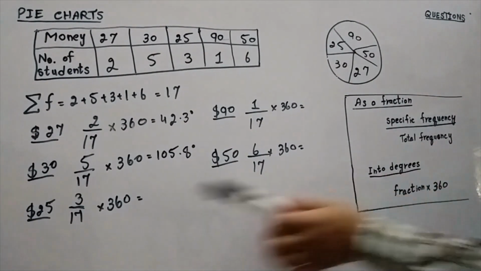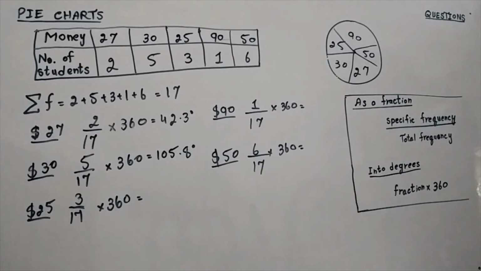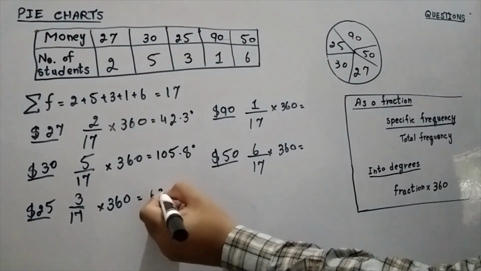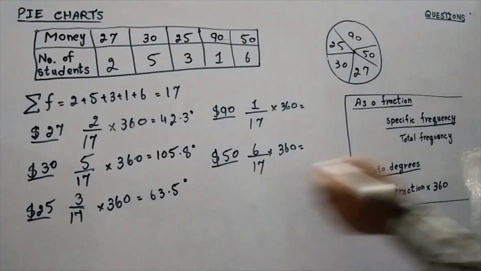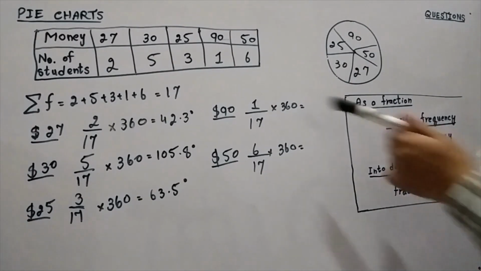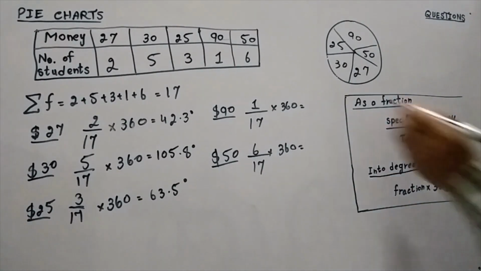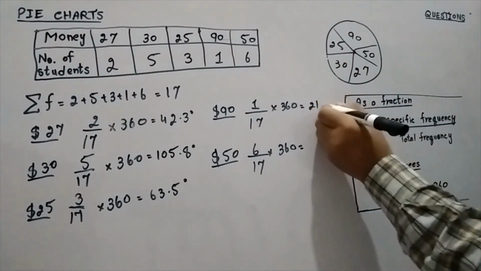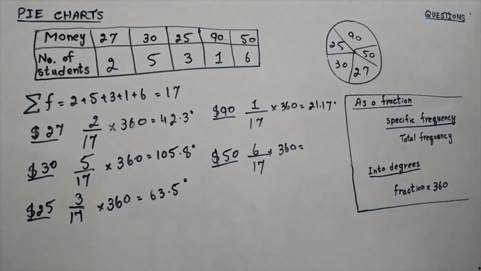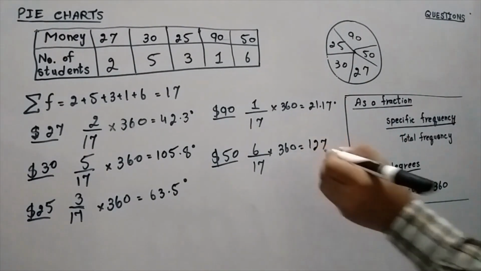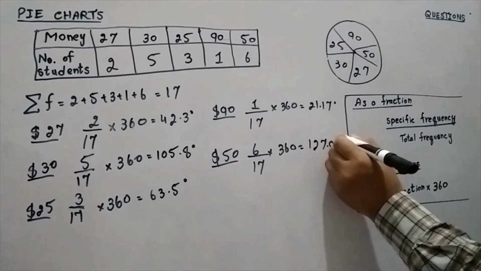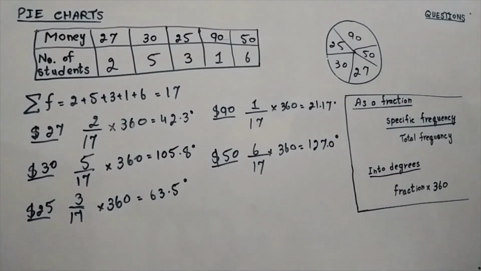Now if I multiply 3 over 17 by 360, I will get 63.5 degrees. Now 1 over 17 by 360, I will get 21.17 degrees. Now 6 over 17 by 360, I will get 127.0 degrees. So now we have found the degrees.